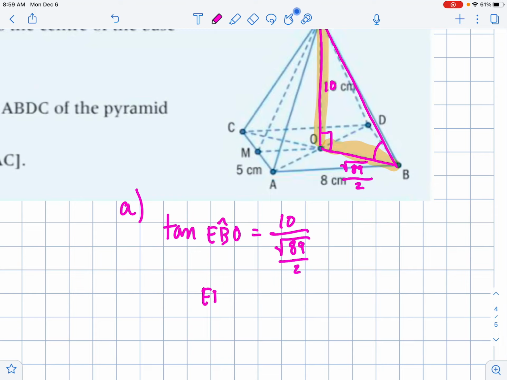So then EBO is going to be equal to tangent inverse of 10 over root 89 over 2, which is about 64.7 degrees.